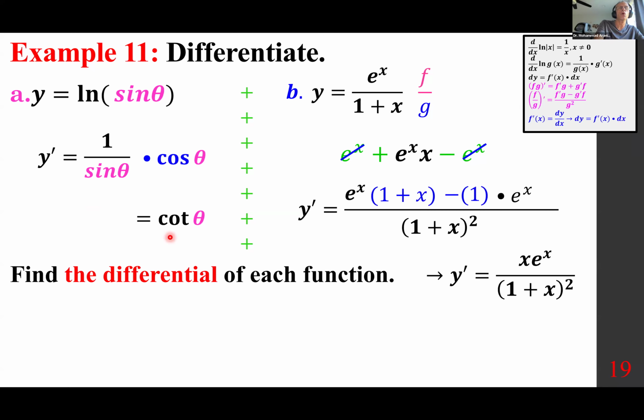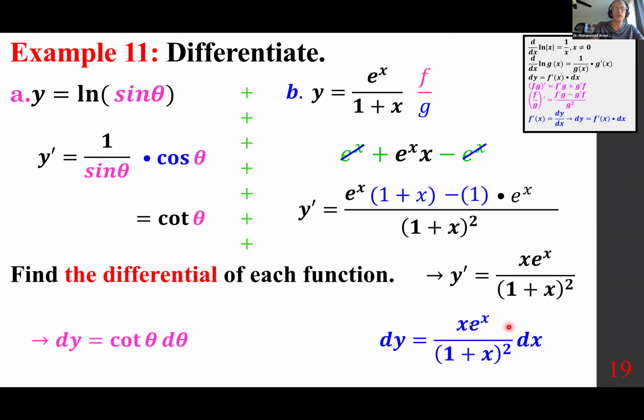In this case, dy would be f prime of theta d theta, so cotangent theta times d theta. Because the independent variable is theta, you multiply the derivative by d theta, just as it's f prime of x or y prime times dx when the independent variable is x.